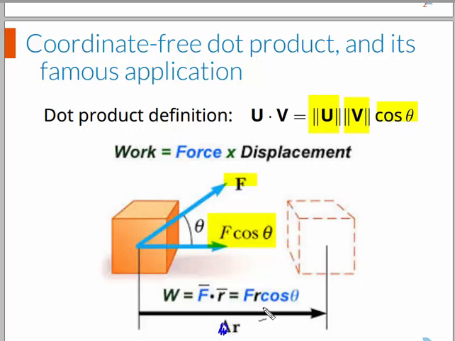So this is a vector r. And the F cosine theta is part of the projection, well, later we'll talk about projection, of the force onto the direction of the vector r. And then work is the dot product between them. So here we have an equation for work in terms of dot product. Another name for this component, of course, is the force parallel to the displacement.